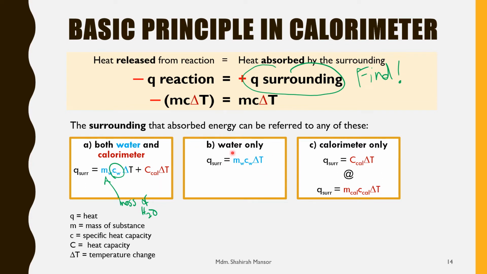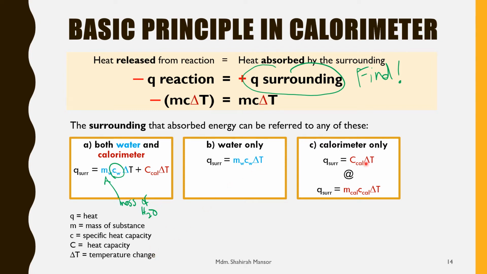Sekiranya kita ada water sahaja sebagai surrounding, so the formula of this surrounding adalah m_w times c_w delta T. So again, m_w adalah mass of water, c_w adalah specific heat capacity of water, dan delta T adalah temperature change.